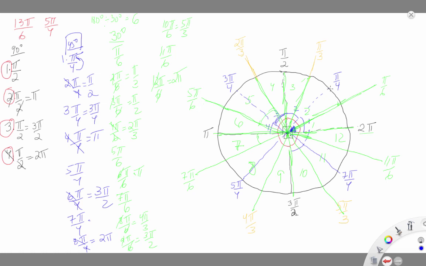I have 4 of those angles inside pi, so the 45-degree angle is really pi over 4, and I went 1 times pi over 4, 2 times pi over 4, 3 times pi over 4, 4 times, 5 times, 6 times, 7 times, 8 times. And when I simplify those fractions, those are the radians I get.